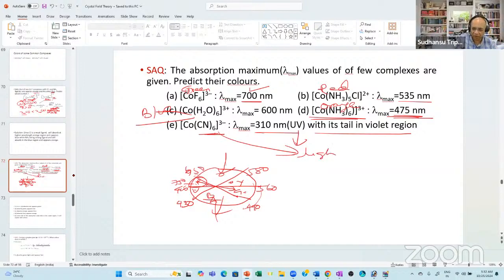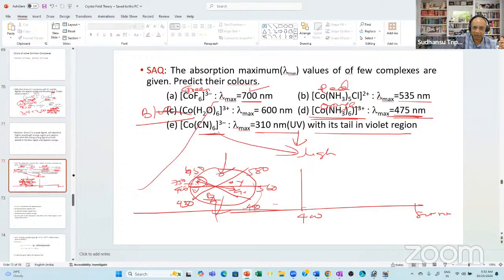Because a little bit, supposing this is the visible region from 400 to 800 nanometer, and this is the UV region. So the big mountain is here, and it is slightly protruding or extending to the violet region. So the complementary color will be yellow, and that will be light yellow because the intensity of the violet is very low.